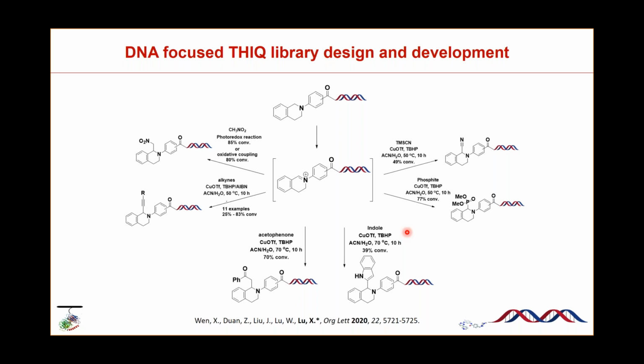We can add nitro groups, alkyl groups, we can also add phenol, ketones, and also indoles, phosphate and cyanide groups. All kinds of nucleophilic groups can be added at the C1 position, and this gives you this diversified scaffold. Currently we are working on library design and synthesis based on this novel chemistry.